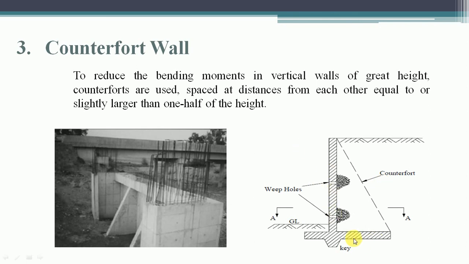Here you can see the base slab and this is the counterfort wall which is attached to the retaining wall. The purpose of providing counterforts is to reduce shear force and bending moment in the vertical stem and the base slab.